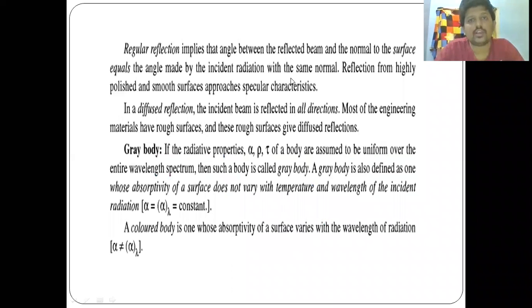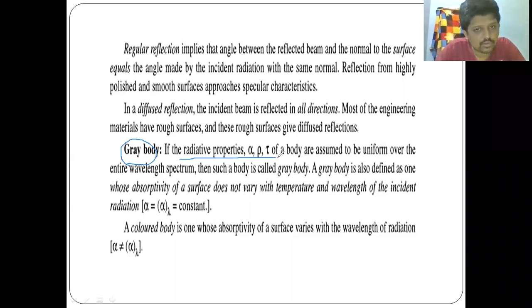Next one is the gray body. If the radiative parameters alpha, rho, and tau of a body are assumed to be uniform over the entire wavelength spectrum, such a body is defined as a gray body. That means your alpha, rho, and tau should be constant over the entire wavelength spectrum. That is a gray body, which is not changing. It is not 0 and it is not 1, it should be constant.